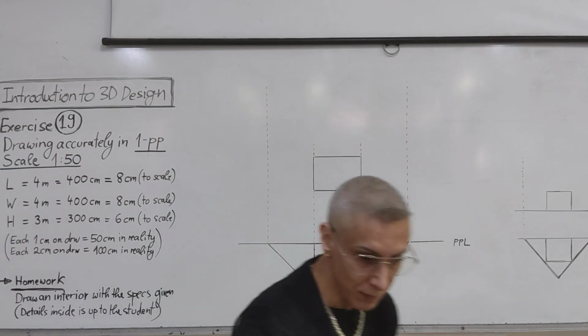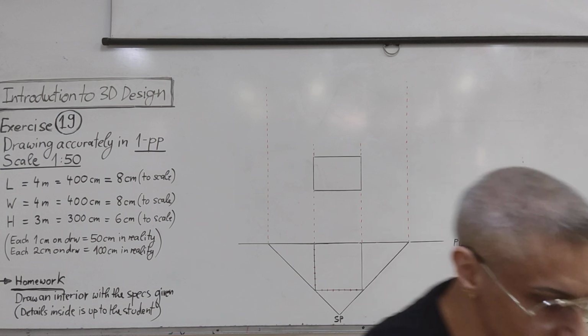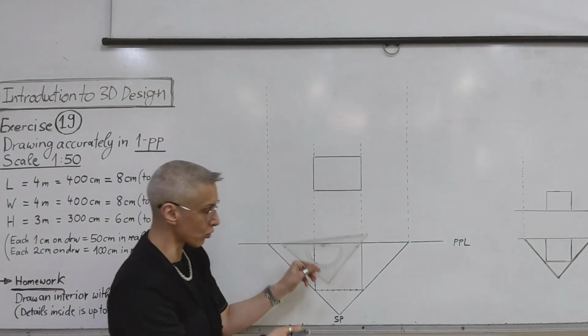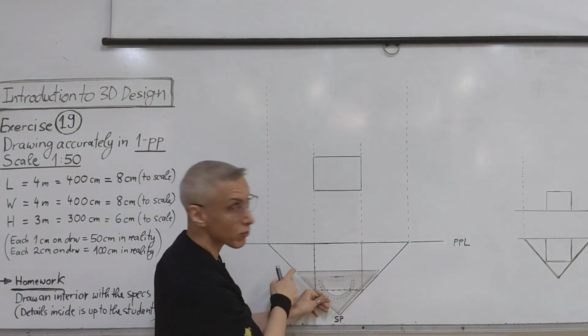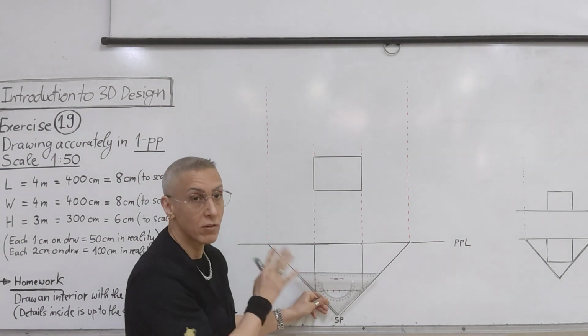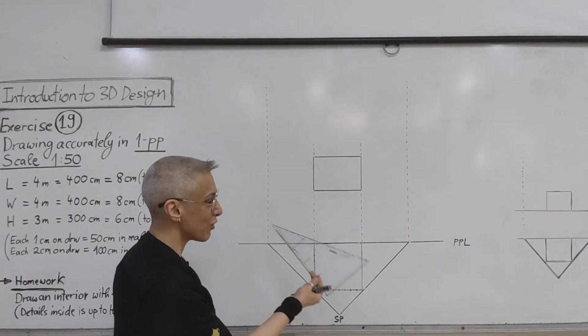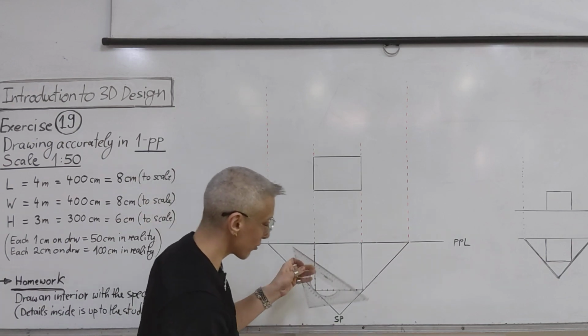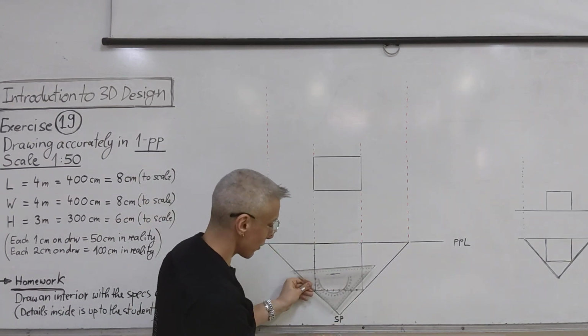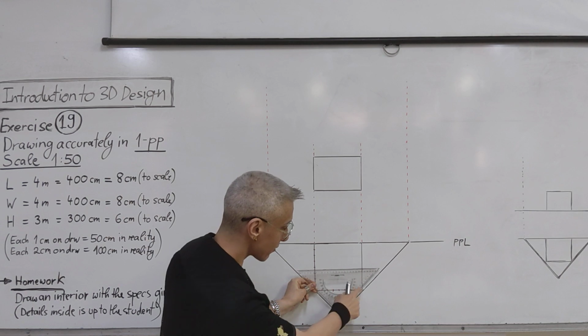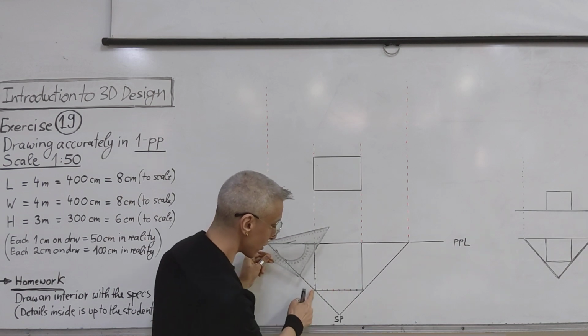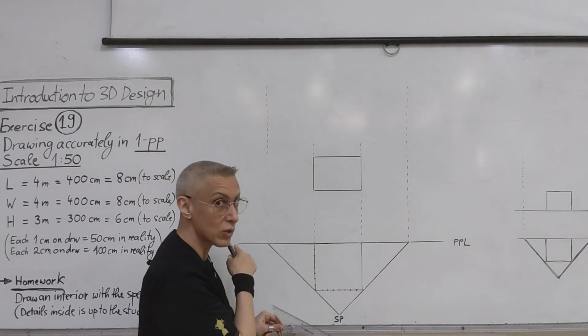Now, here I use the ruler, this ruler here, 45, 45, 90, okay? But this is not always the case. Like, you can, for example, use this ruler, okay? Now, the important part is that when you use this ruler, this point and this point touch these 2 lines, okay?